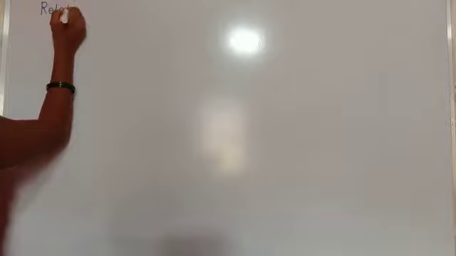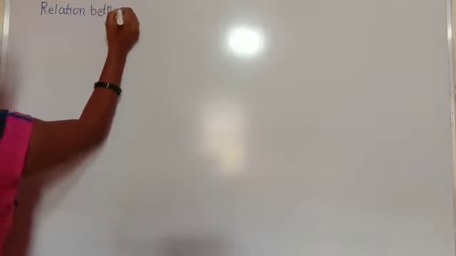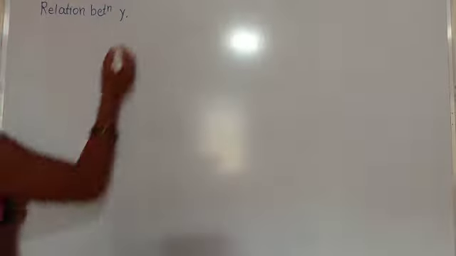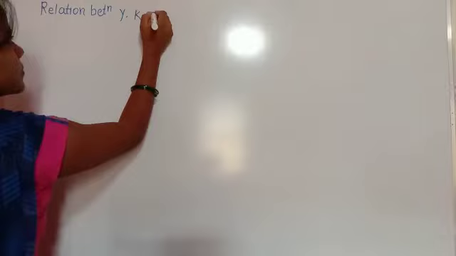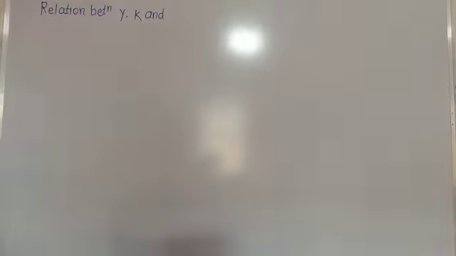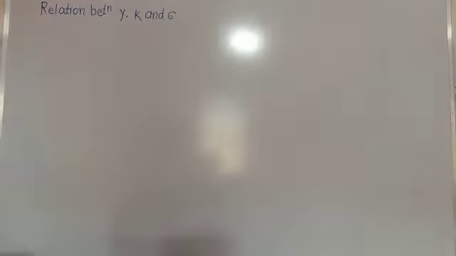Relation between Y, that is Young's modulus, K, that is bulk modulus, and the third one is sigma, that is the Poisson's ratio, assuming the expression for the volume strain in terms of alpha and beta.